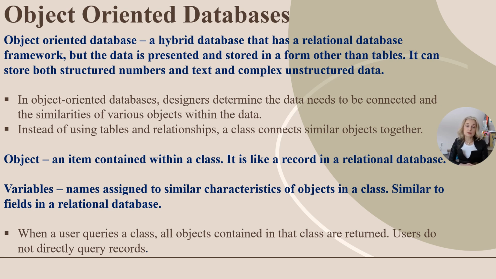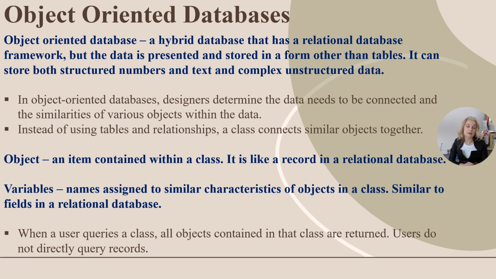In object-oriented databases, designers determine the data needs and how they'll be connected and what the similarities of the various objects within the data are. And instead of using tables and relationships, a class connects similar objects together. Objects are an item contained within a class, and they're similar to a record in a relational database.